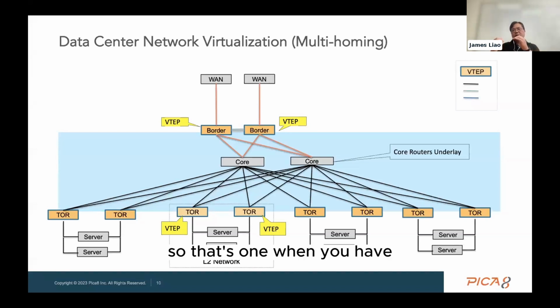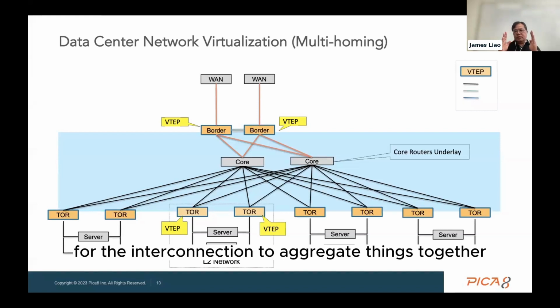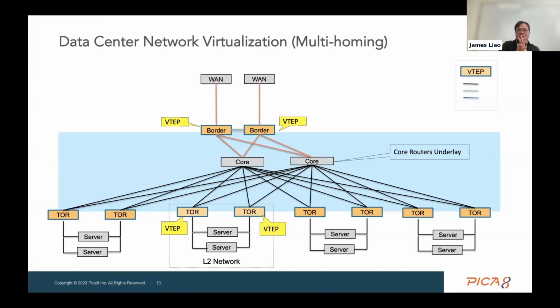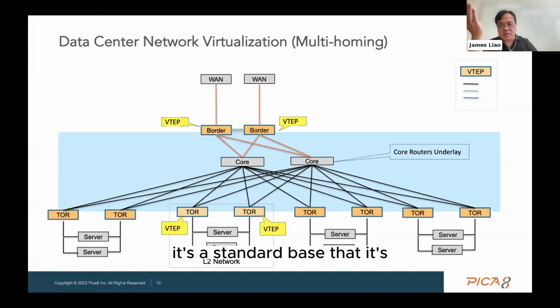When you use multi-homing, you can actually scale to more than 2. You can use 4 or even more for the interconnection to aggregate things together. And it's standard-based. It still allows you to do active redundancy.